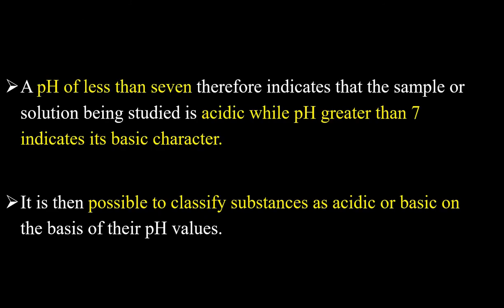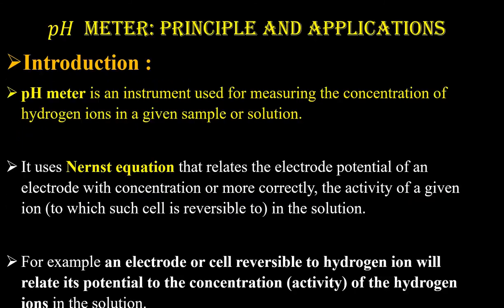A pH of less than 7 therefore indicates that the solution being studied is acidic, while a pH value greater than 7 indicates that the sample is basic in character. It is then possible to classify substances as acidic, basic, or neutral on the basis of their pH values.